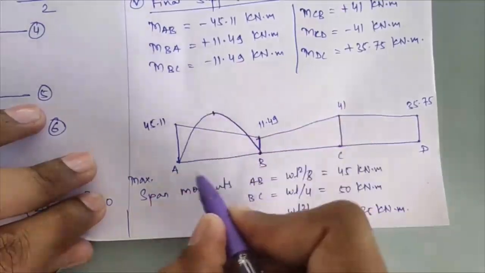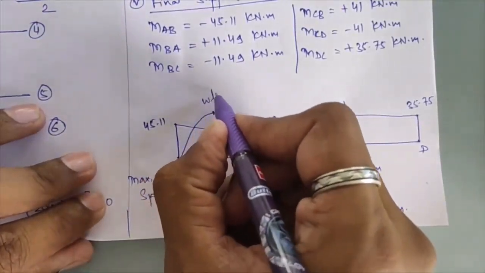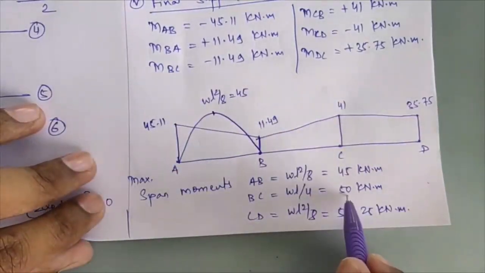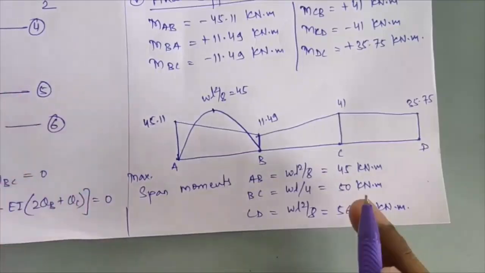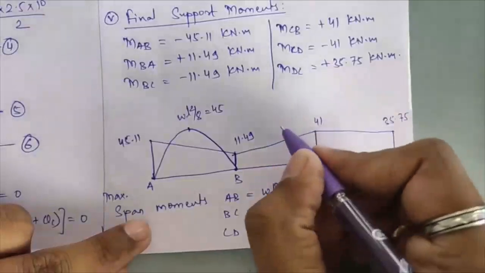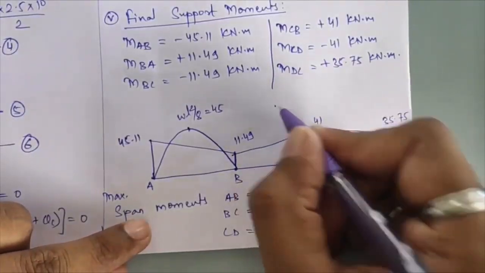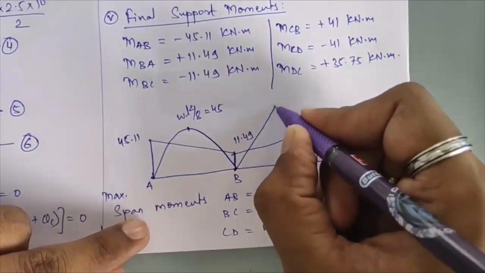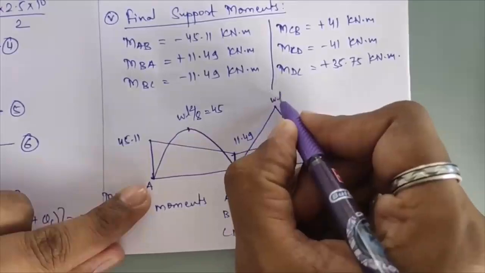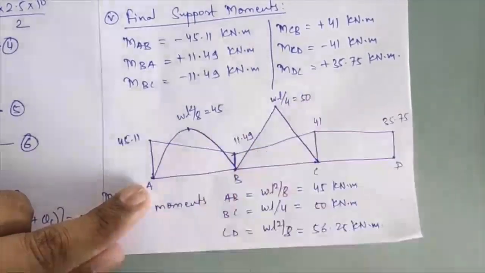So in portion AB, that will follow parabolic path since it is a UDL. Okay, somewhere here maximum at the center, that is WL square by 8, I am getting that as 45. Next in span BC, point load is there, so your nature of BMD will be a straight lines over there. Maximum at the center 50, WL by 4, that I am getting equal to 50.